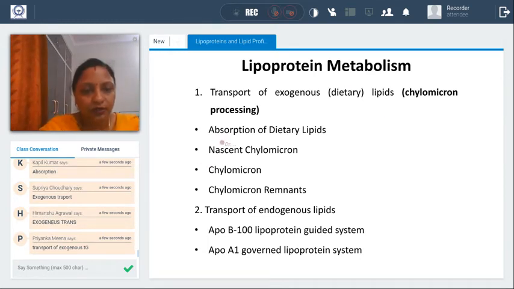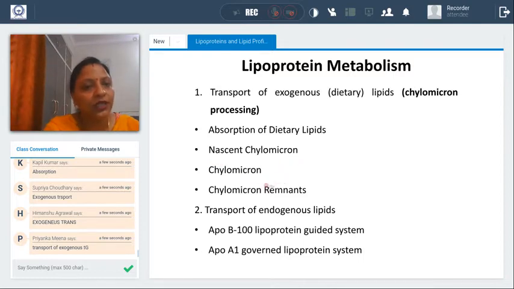It includes these steps: absorption of dietary lipids, nascent chylomicrons, and lastly, formation of chylomicron remnants. So these include transport of exogenous dietary lipids, mainly TG. This is also called chylomicron processing.